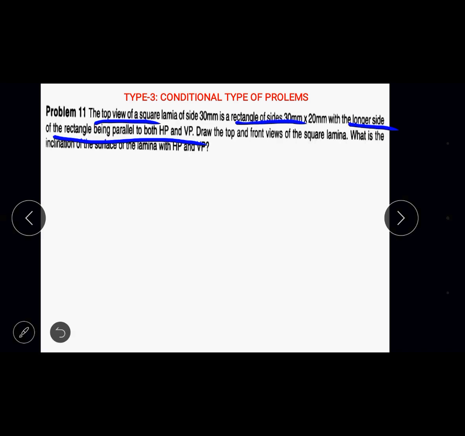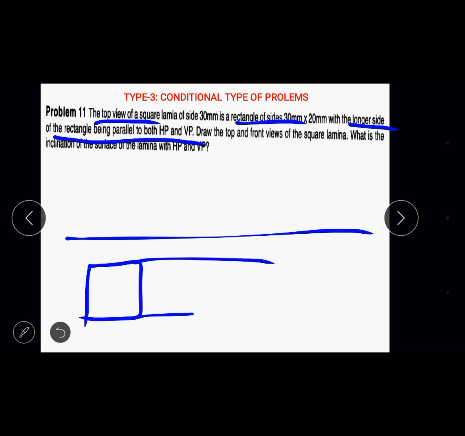Also, if you place the square lamina in edge position, then only will you get the rectangle in the second step. You can just look over here. If you place the square in edge resting, in the first step, then in the second step along this locus line, you will get a rectangle over here.